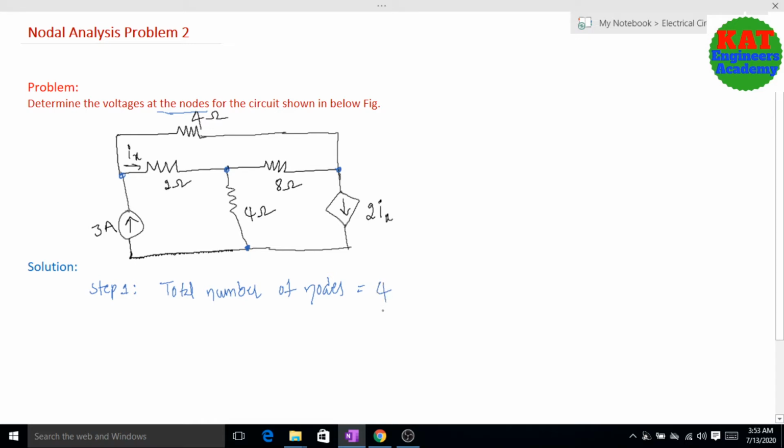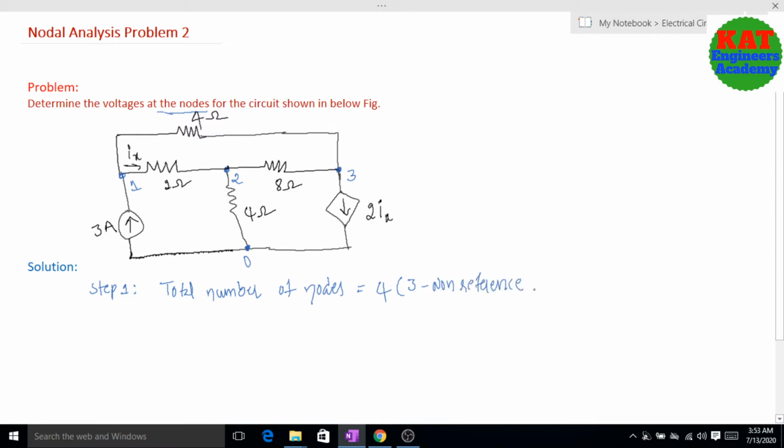But in those 4, what are the non-reference nodes and what is the reference node? Here I am giving the numbers. This is 0. For example, here I consider this as 1, next this as 2, next this as 3. So finally 0, 1, 2, 3 are the nodes, that is 4. In those 4, 3 are non-reference nodes and 1 is the reference node.